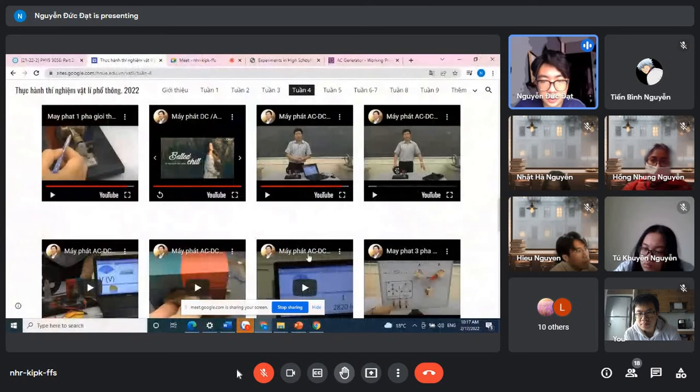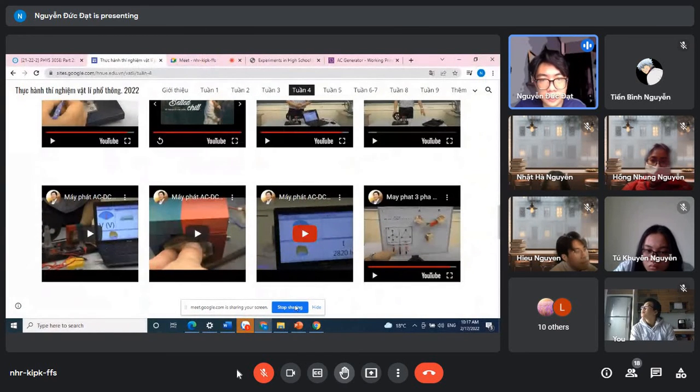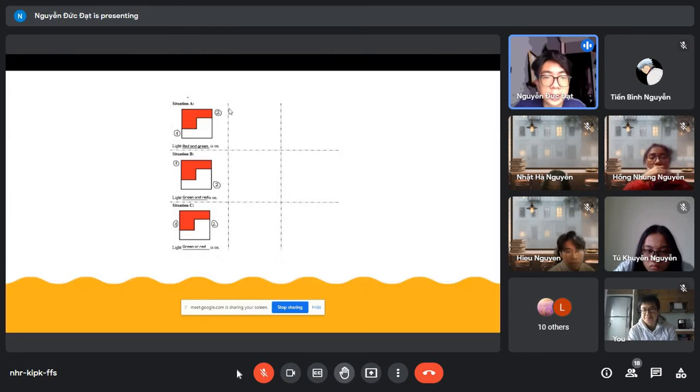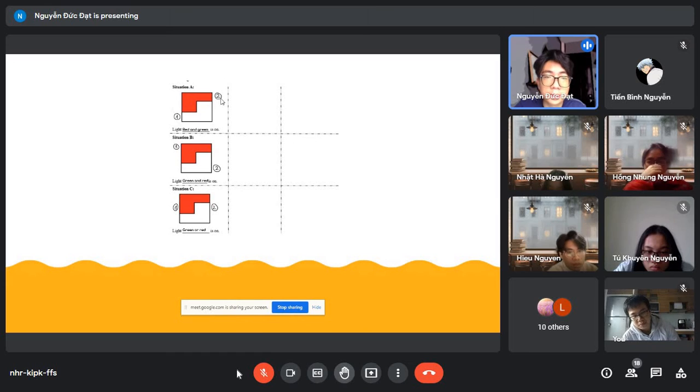Okay, so to help you, I will explain it for you. Here you will see that there are several ways that we can put the brushes. So 1 and 2 here are the positions of the brushes in different situations. In the first situation, the brushes just contact separated rings.